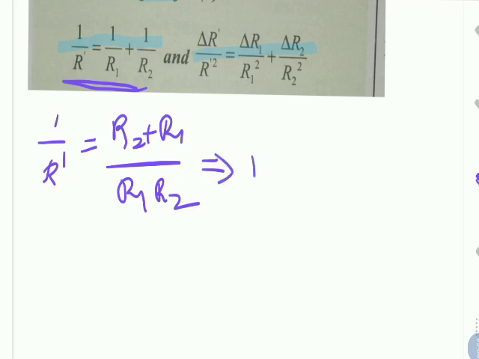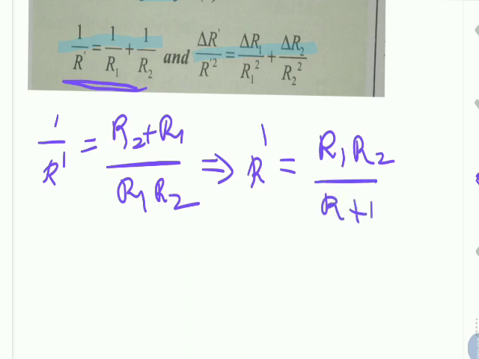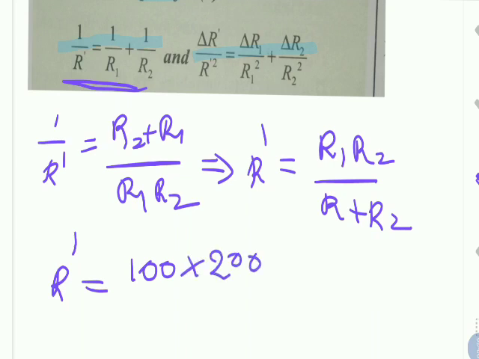So R dash is equal to R1 into R2 by R1 plus R2, R1 is 100, R2 is 200. So R dash is equal to 100 into 200 by 300.